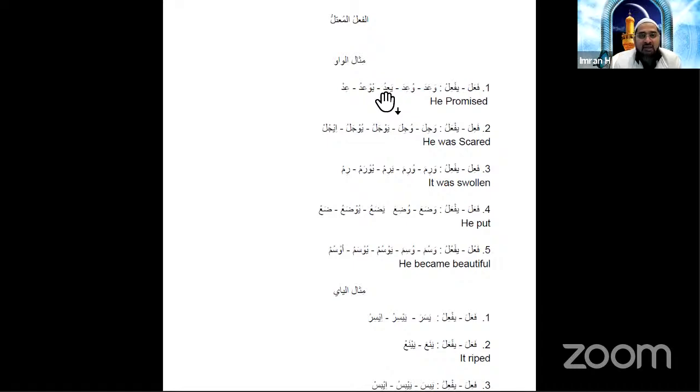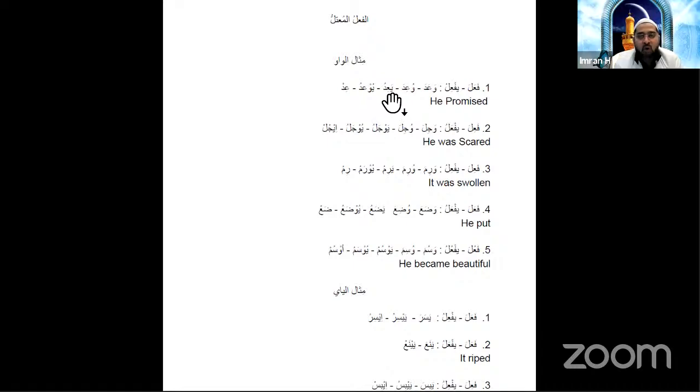Wa'ada means he promised, and wa'adallahu means Allah promised. In the present tense, because this has weak letters, alif, waw, and ya, the waw is dropped. So it's ya'idu.